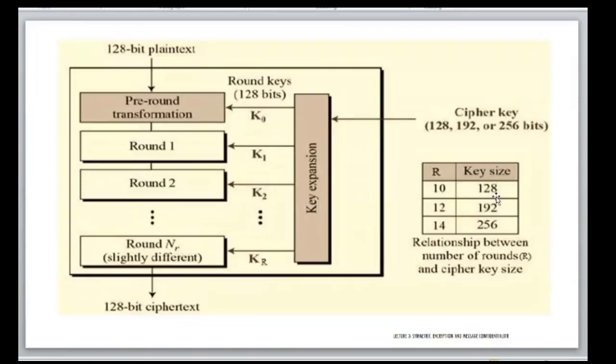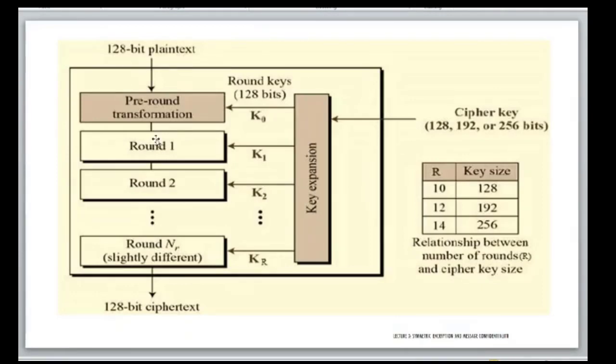If you increase by another 2 rounds, I need 12 rounds, which means automatically the key should be increased. If you are going for 14 rounds, automatically the key should be increased to 256. How can you increase it? The same 128-bit key can be increased by using the key expansion concept.